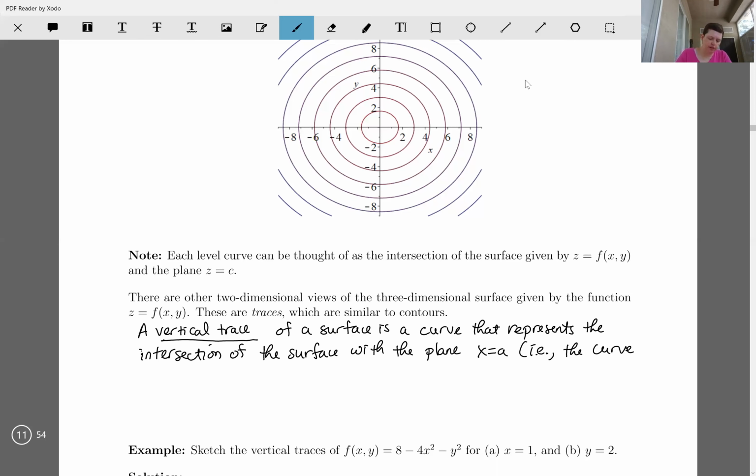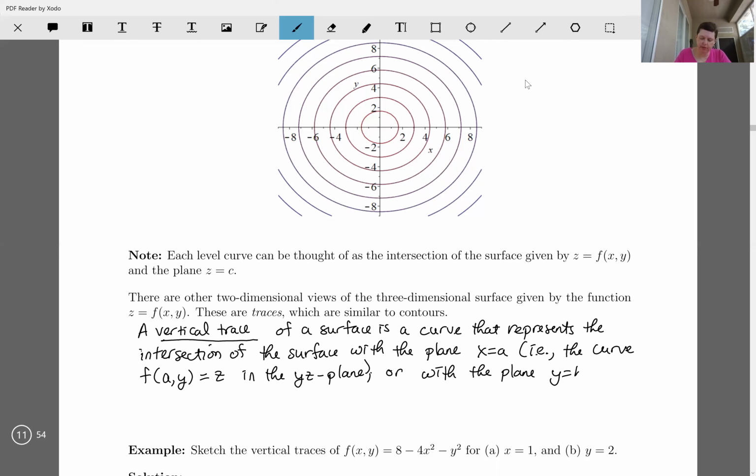the curve f of a comma y is equal to z, and that is going to be in the yz plane, or with the plane y equals b.